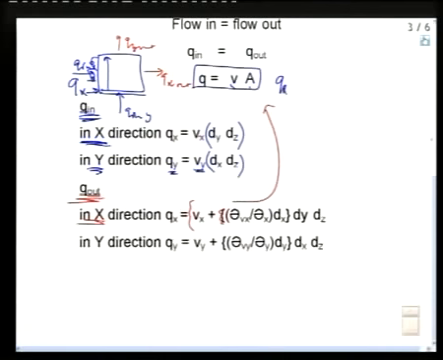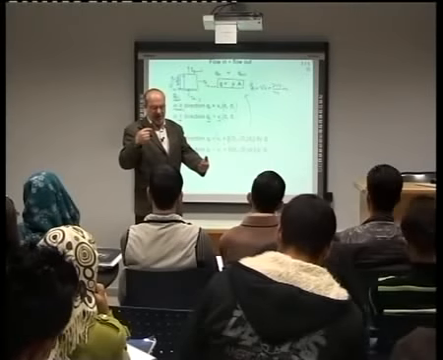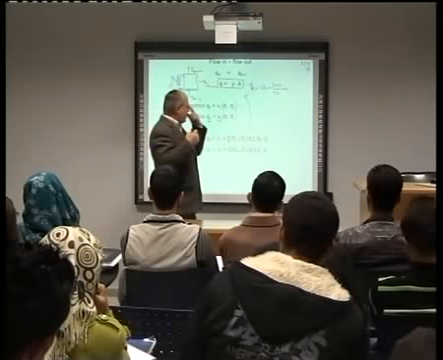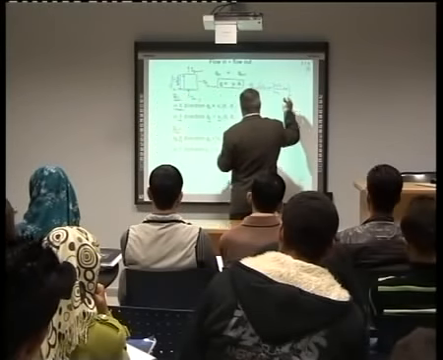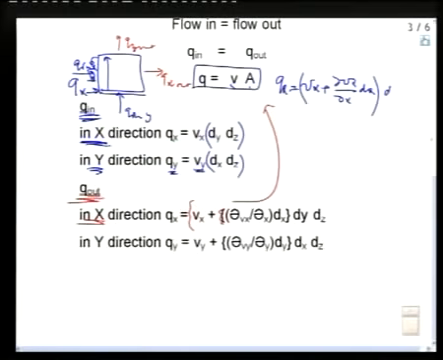Qx out equals Vx plus dVx by dx along dx. Remember this? We said it last time. This is the partial, dVx by dx along dx, all together multiplied by the same dy dz.